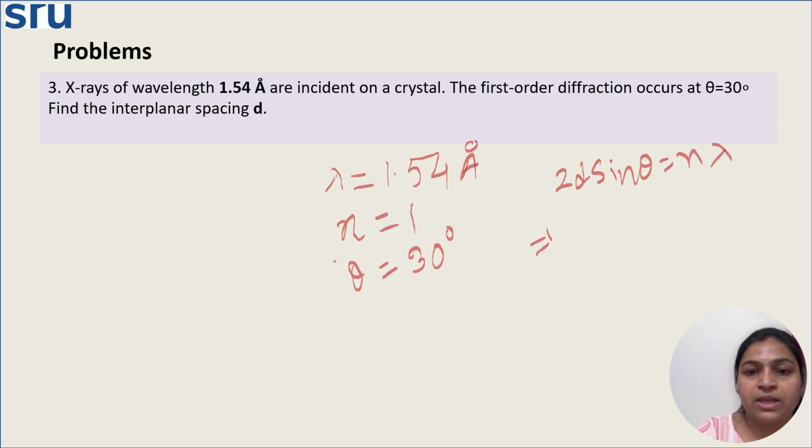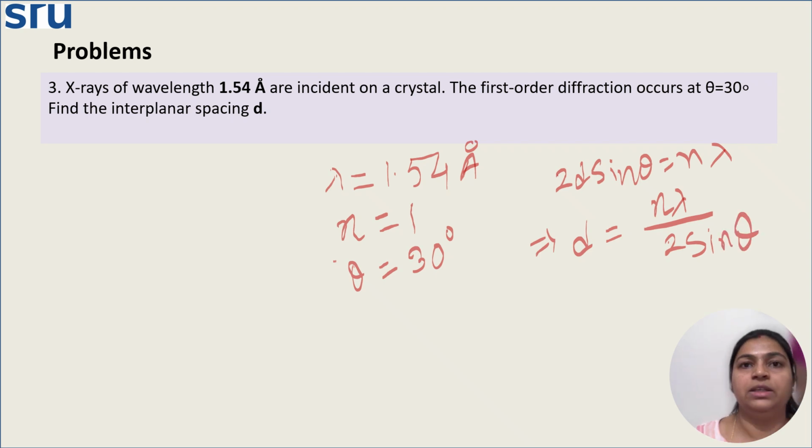In this case we have to find d, so we can write the formula as n lambda divided by twice sin theta. Now let us put all the values here. It is n is 1 into lambda is 1.54 angstrom.